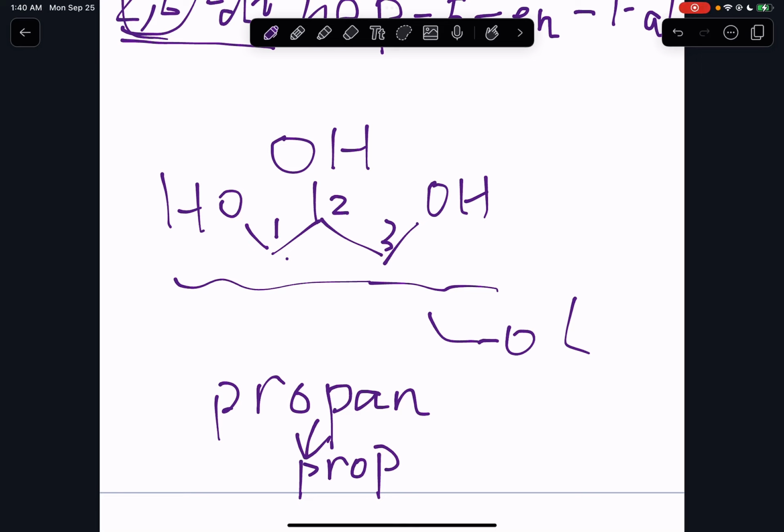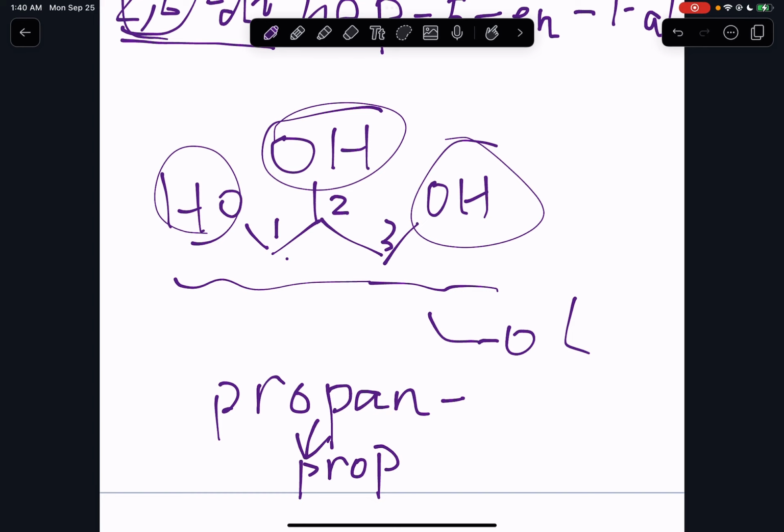And then what is propane bonded with for the side chain? Exactly, OH, OH, and another OH. What is the prefix for 3 things when you bond together? So there's 1, 2, and 3. So it's called tri.